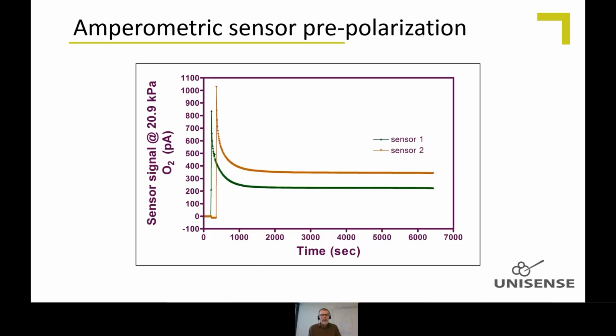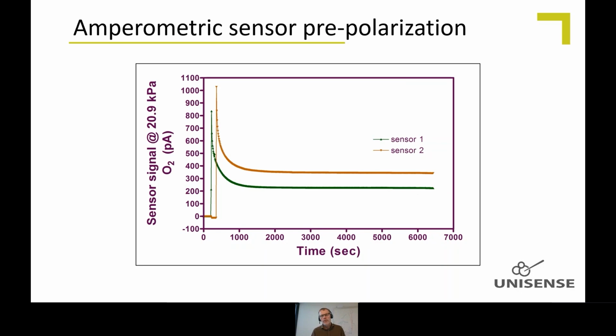As I mentioned, the electrolyte in a sensor will contain some oxygen. So when you connect a fresh sensor to an amplifier, you will see something similar to this. You'll see a high signal right after it's being connected, and then it decreases over time as the oxygen content of the electrolyte decreases. And after 1 to 2 hours, the signal has become stable.